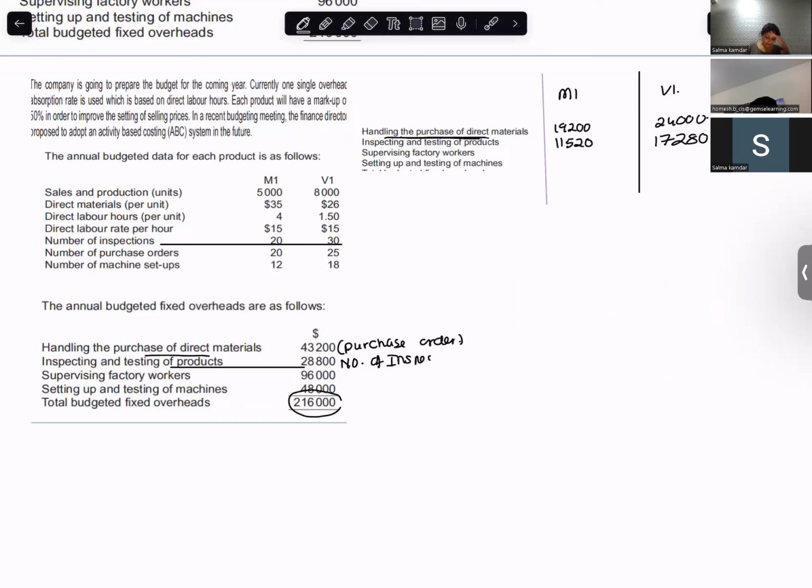Come on. Supervising the factory workers. I'm not sure what the cost driver will be for supervising factory workers.